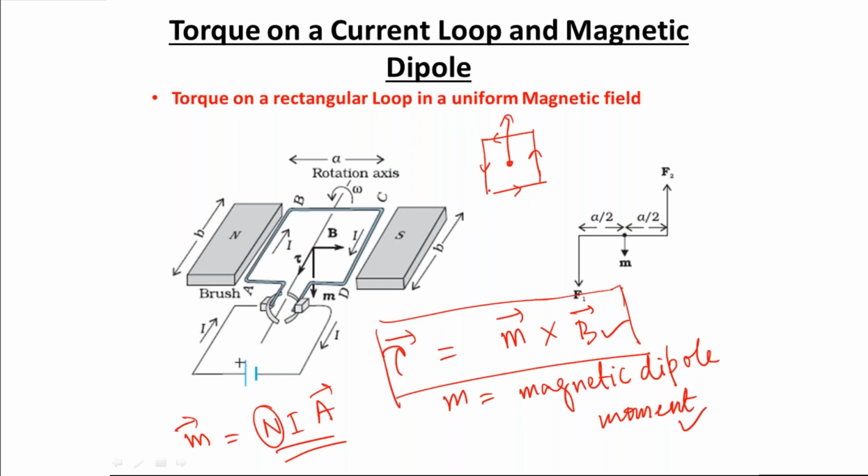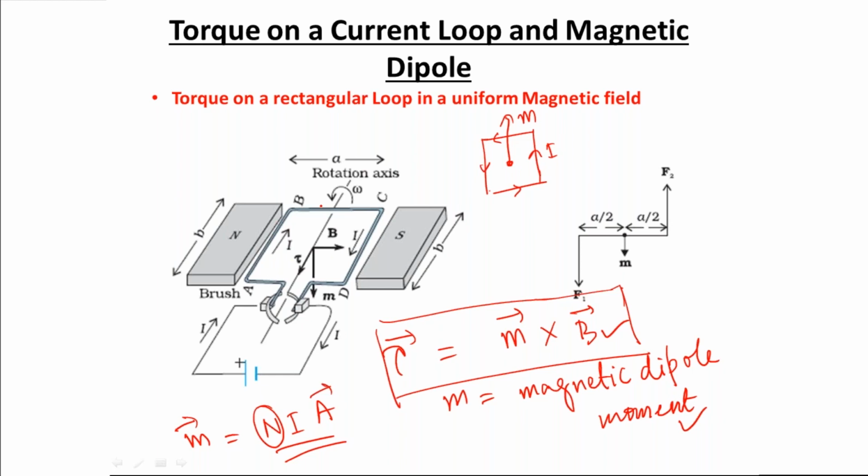Suppose this is a square loop with current flowing in the anticlockwise direction. If this loop is on the horizontal plane, then you can use the right hand grip rule to find the direction of the magnetic moment. This will be in the upward direction. If the current is in the opposite, clockwise direction, the magnetic dipole moment will be in the downward direction.